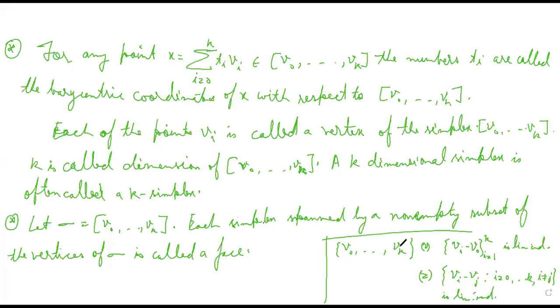If you can show these two are equivalent, then you can conclude that every subset of an affinely independent set is affinely independent, using the fact that every subset of a linearly independent set is linearly independent. Before that you need to show this.